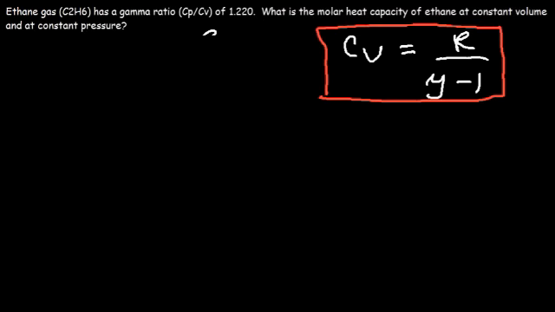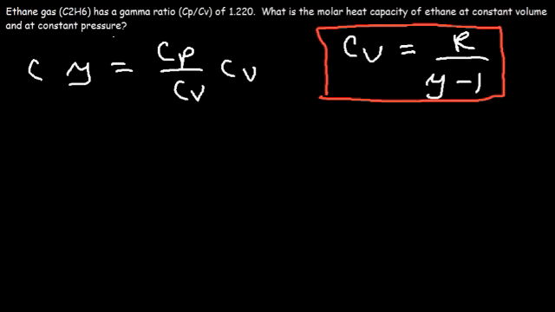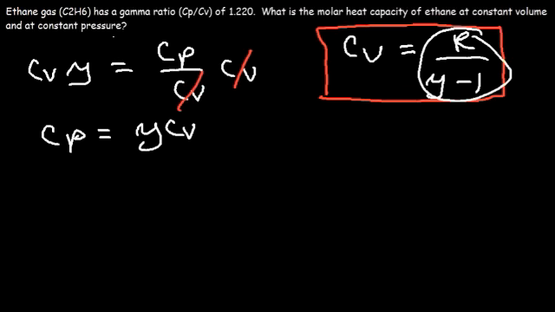Now there's one more equation that we can write. So keep in mind, we said that gamma is Cp divided by Cv. If we multiply both sides by Cv, Cp is gamma times Cv, and Cv is equal to that equation.